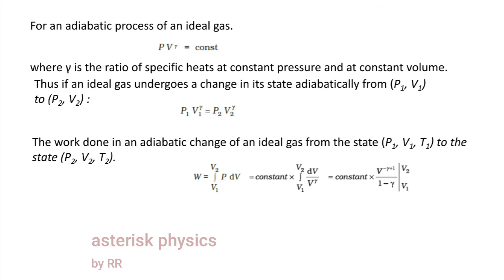Now on integration, we get constant times V^(-γ+1)/(1-γ), with limits V1 to V2. So constant times V^(1-γ)/(1-γ). That is constant/(1-γ) times [1/V2^(γ-1) - 1/V1^(γ-1)], substituting the upper and lower limits in the above equation.